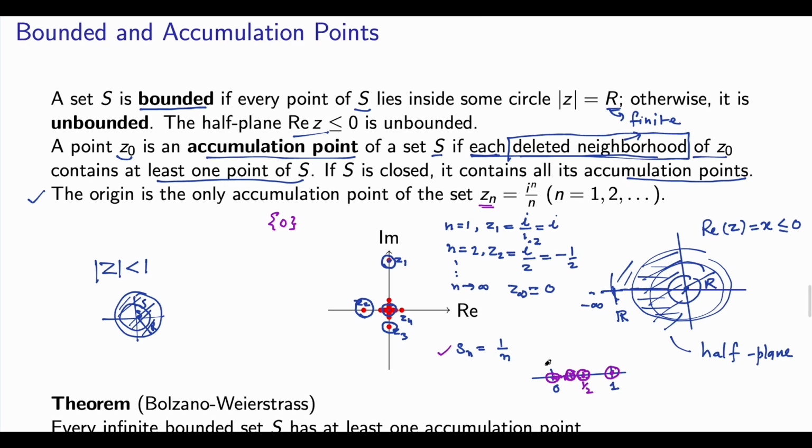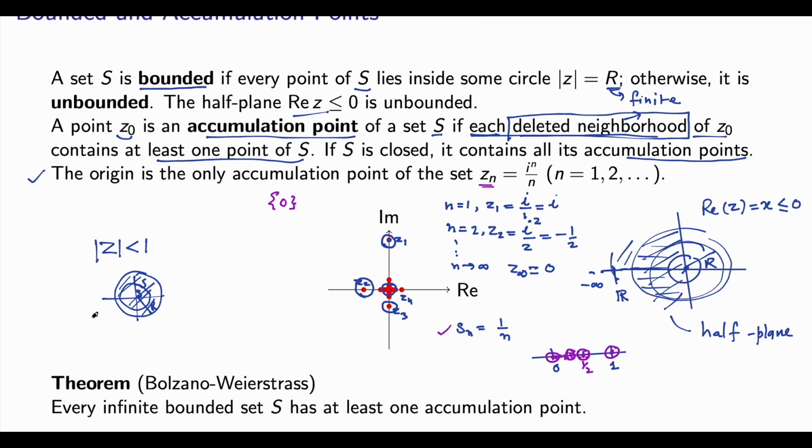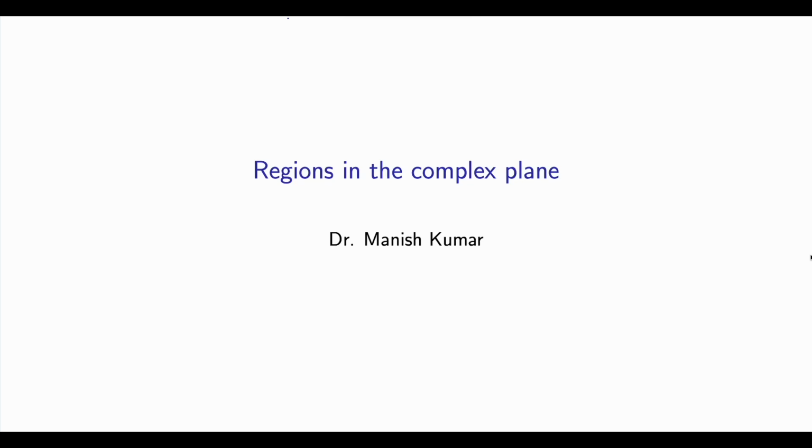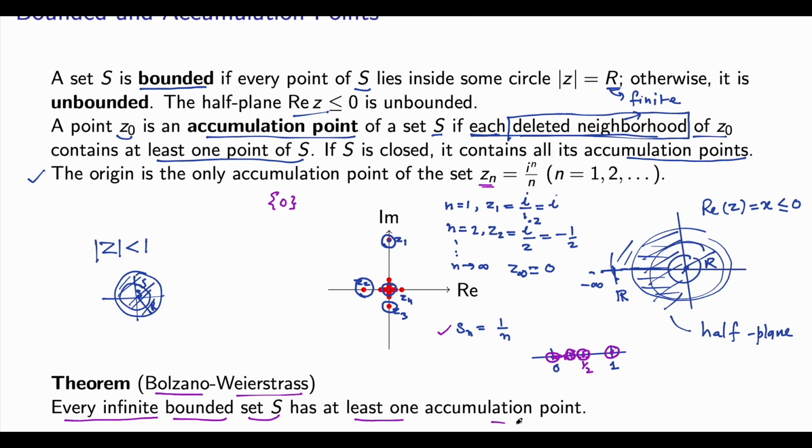So let us verify one more strong result of real analysis: the Bolzano-Weierstrass theorem. Every infinite bounded set has at least one accumulation point.